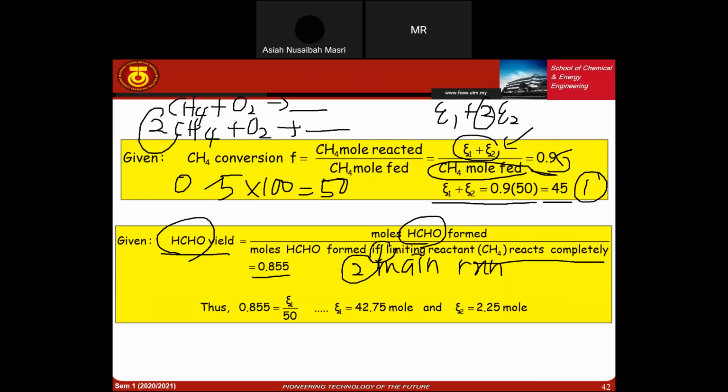Okay, so in the starting of solving this exercise, we did not mention which one is the limiting reactant and which one is the excess reactant. So you can go back and confirm, is it true that CH4 is actually our limiting reactant? Okay, and then the answer is 0.855. So I'm going to skip that one.